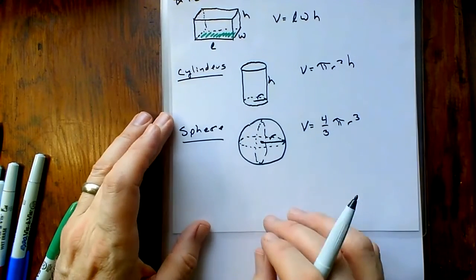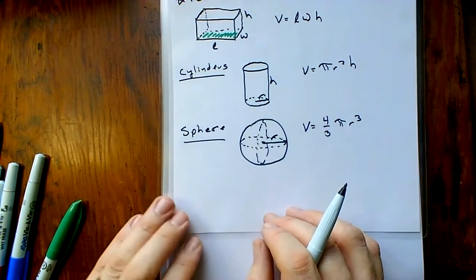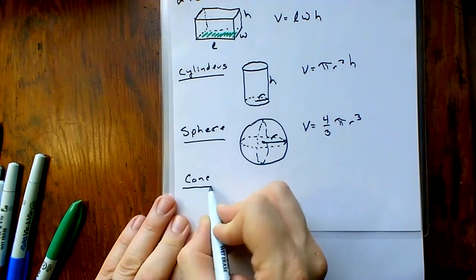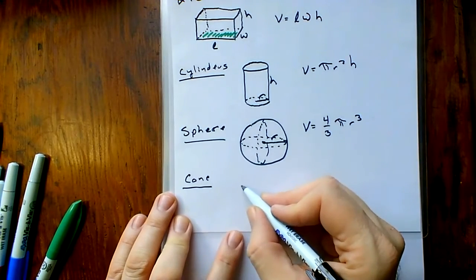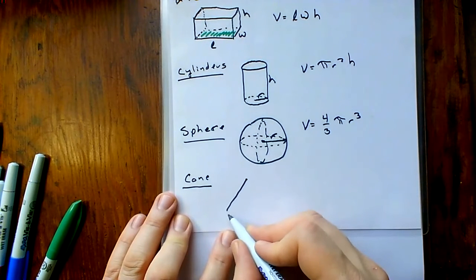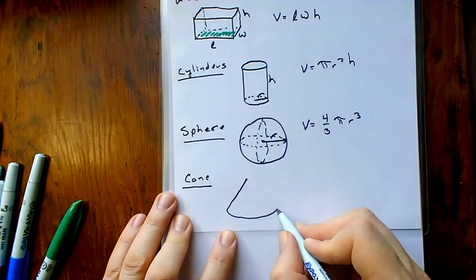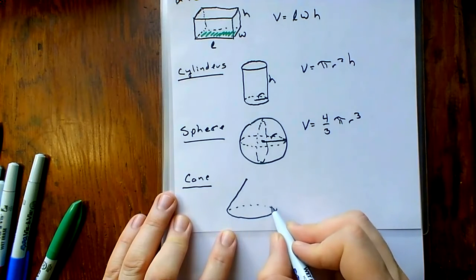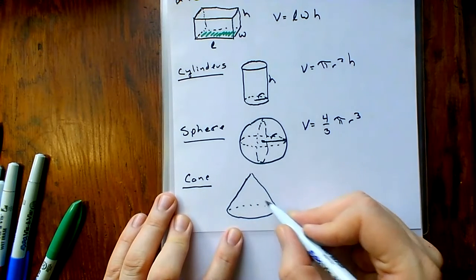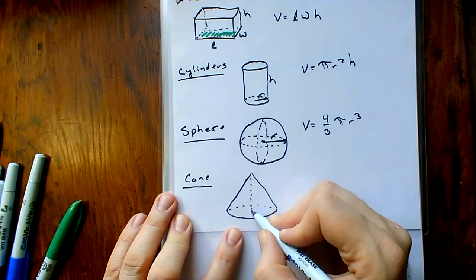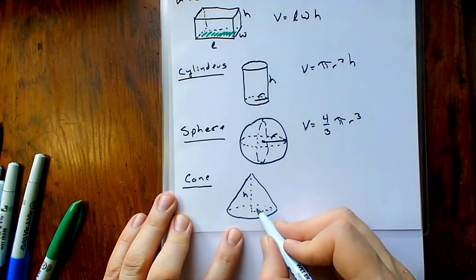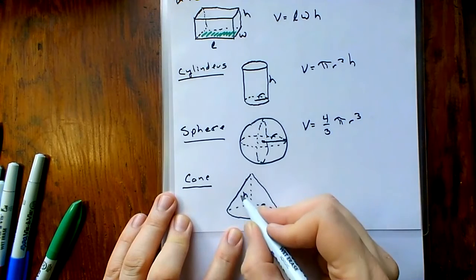Let's talk about our last one that we should do, and that's going to be a cone. Cones are interesting because I've just got a point. It's got a circular base. I'll have a vertical height as well as having a radius.